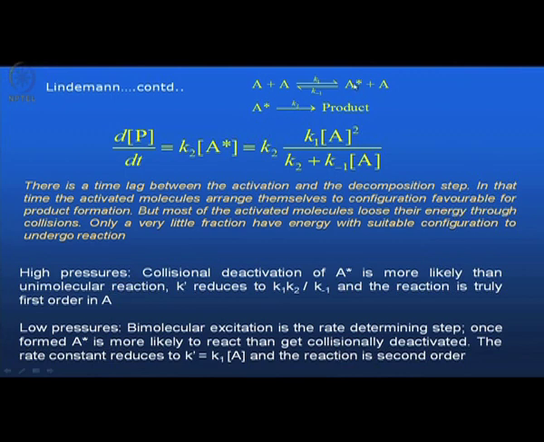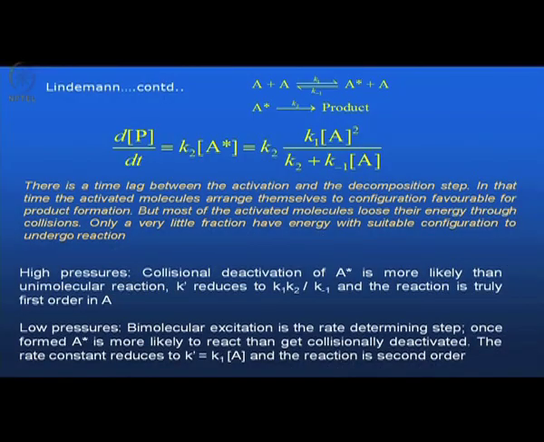So, collisional deactivation, to give you A and A, is more likely because they are coming close to each other as a result of high pressure. As a result of high pressure they are close, and therefore they will collide often.